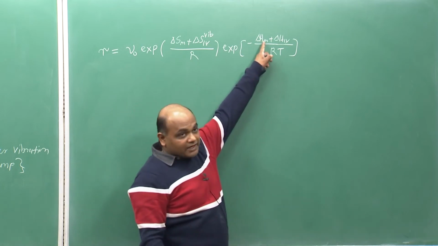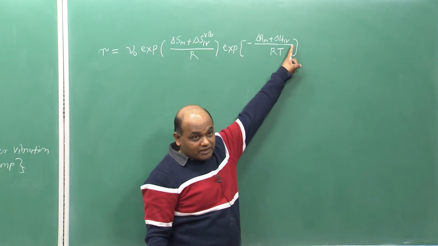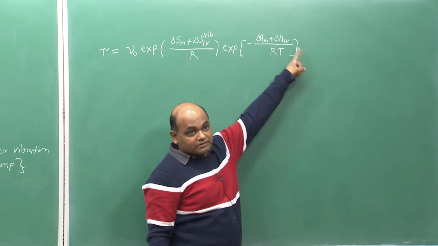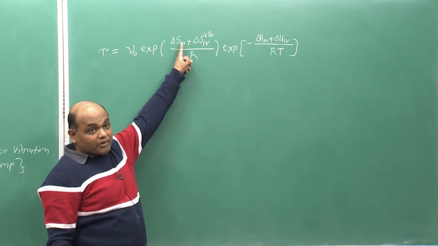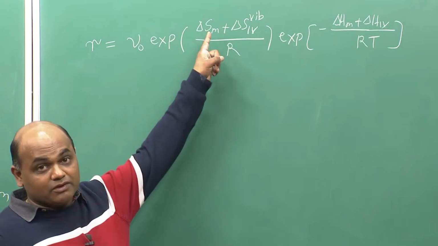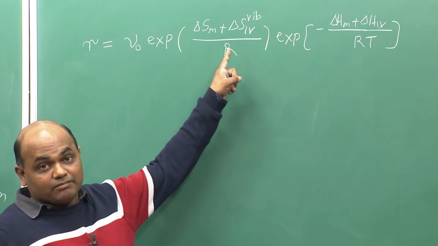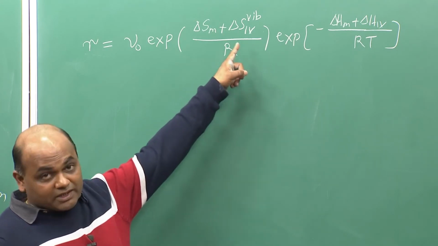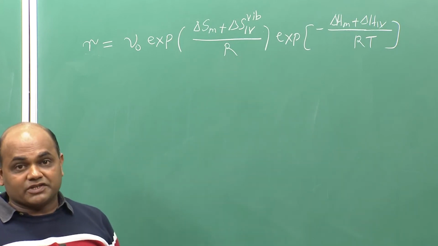Here delta H m is the enthalpy of migration and delta H 1v is the enthalpy of mono vacancy formation. Delta S m is the entropy of migration, or it is the difference between the entropy of the equilibrium state and the saddle point, and delta S 1v is the vibrational entropy change due to formation of a mono vacancy.